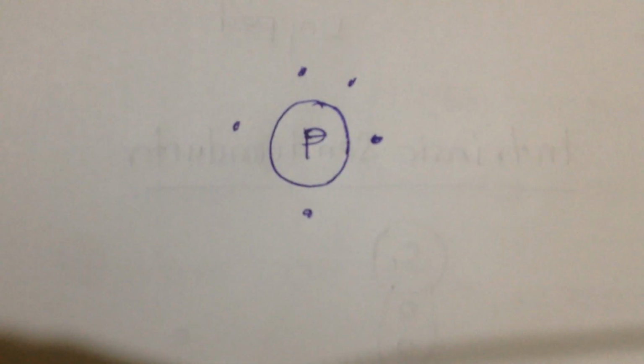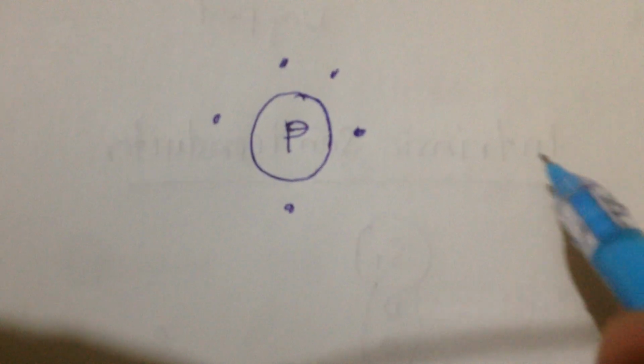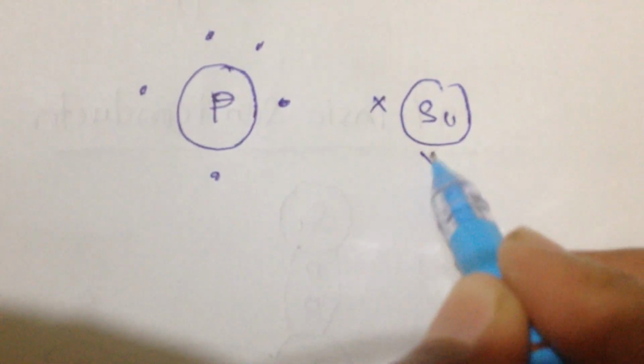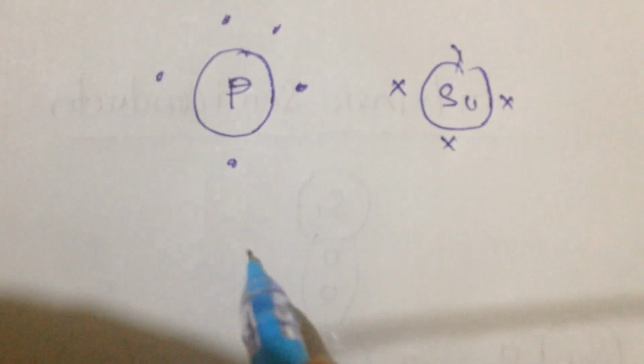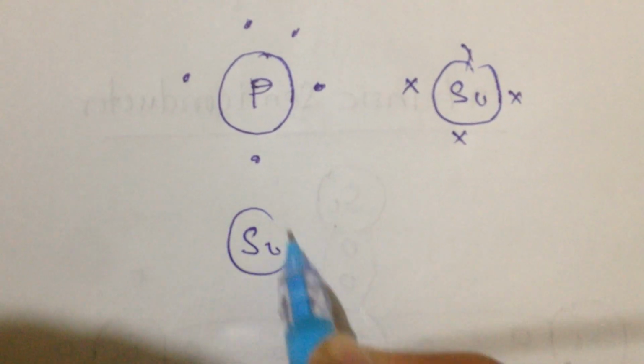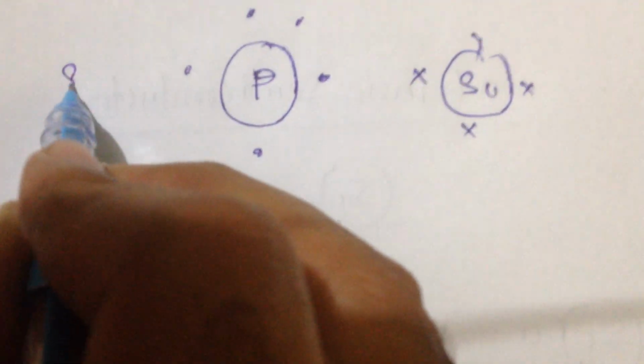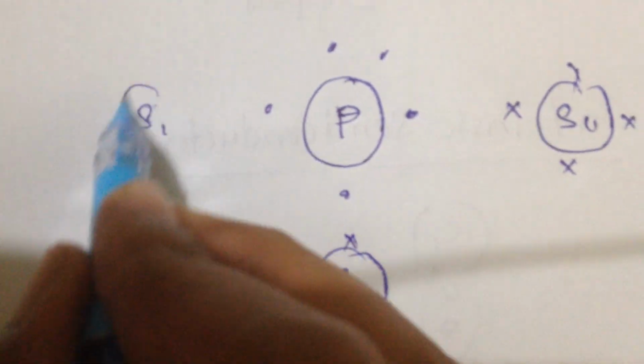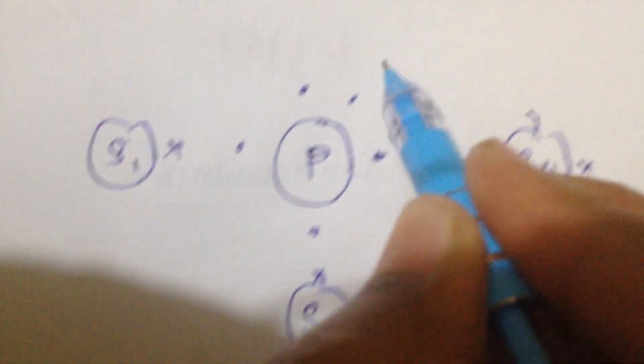When this pentavalent impurity is added to pure silicon, what happens? Silicon has 4 electrons in its outermost orbit, and there is silicon here, here, and here on the top.